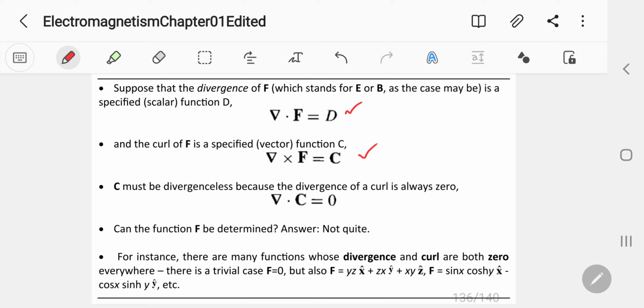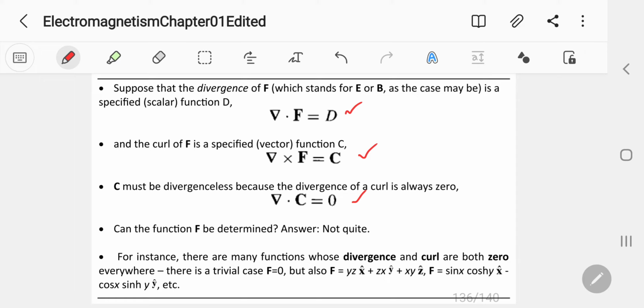And since we have the property that the divergence of a curl is always zero, you have the divergence of c as 0.